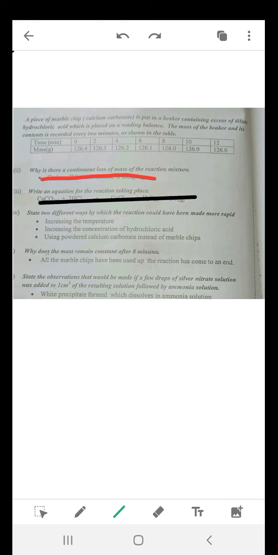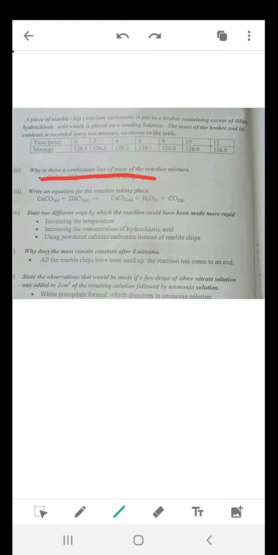Good. So mark for yourself. It is calcium carbonate reacting with hydrochloric acid to give calcium chloride as our salt, then water plus carbon dioxide.